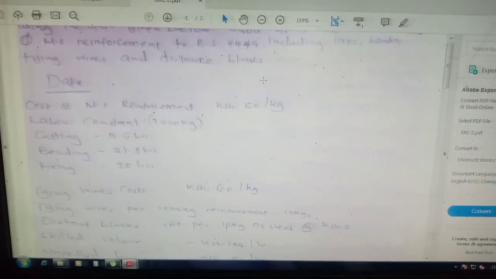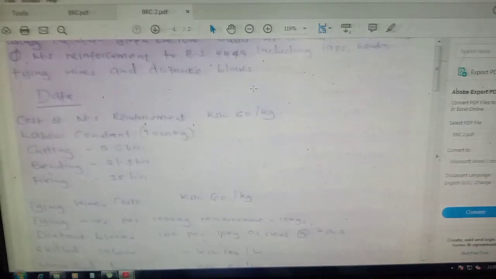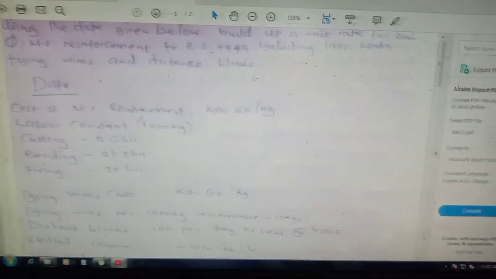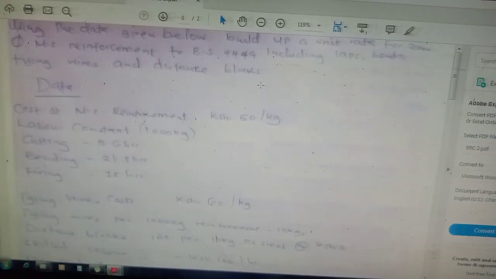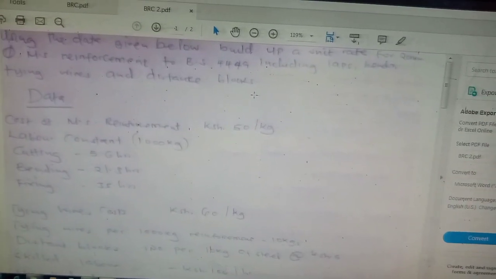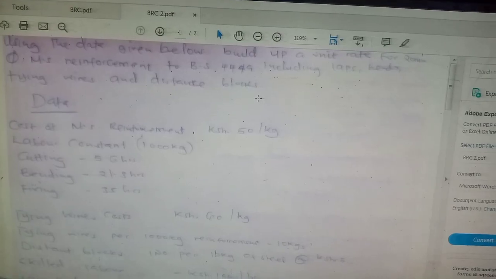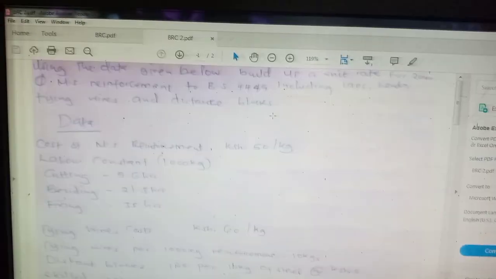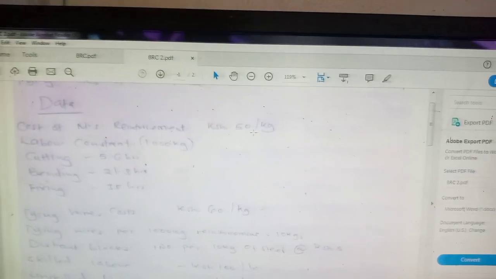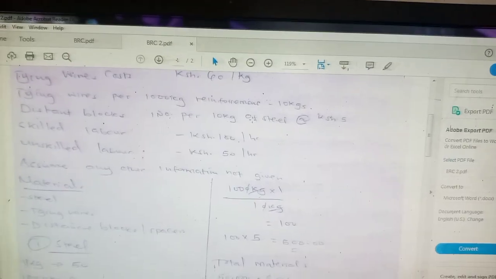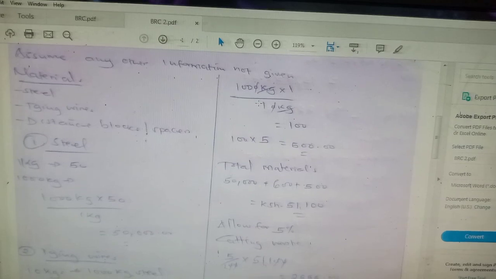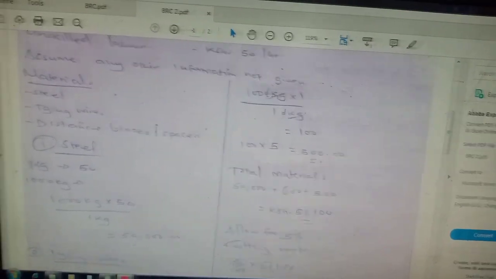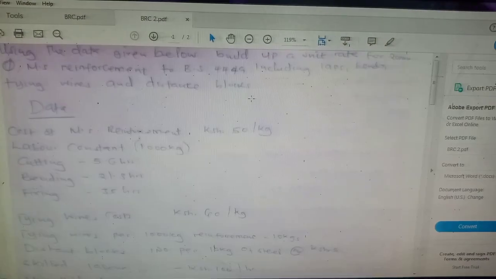Then in measurements there is another MS, which is measured separately, but for costing we have MS of mild steel. So we'll come across those abbreviations in our work. Please understand them.